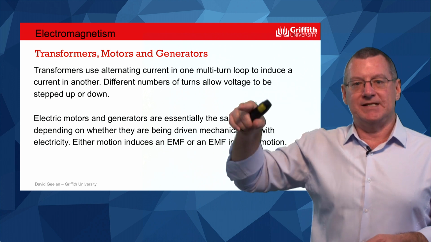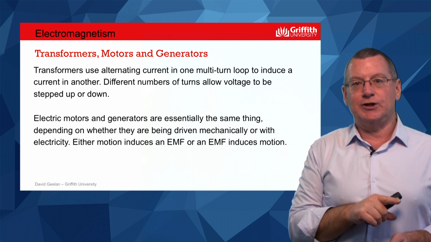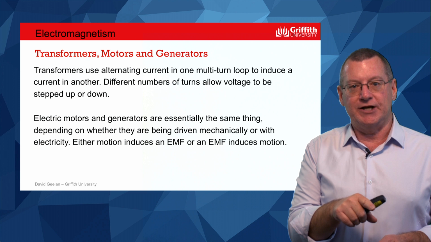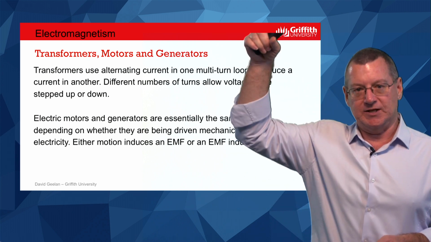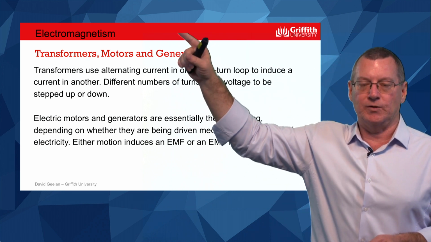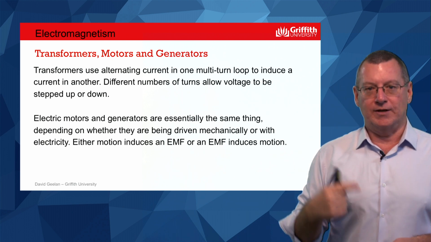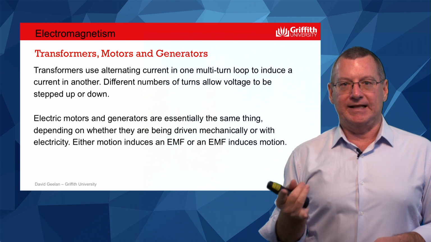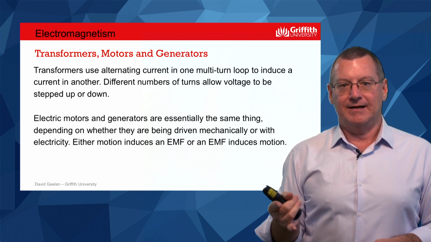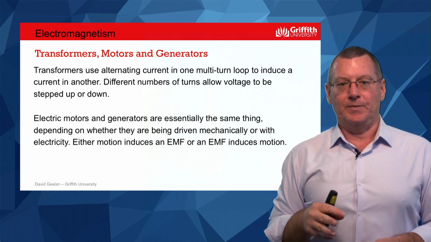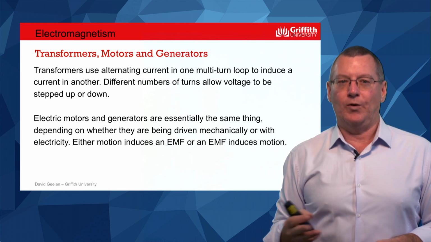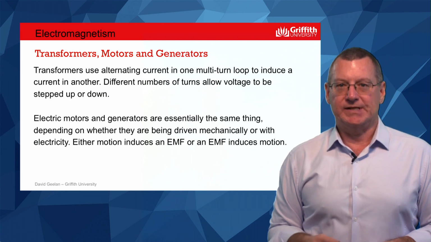So we use transformers to step it down again. And we initially used transformers to step it up from the generator to the transmission lines so that it's transmitted at these high voltages. So AC can be transformed to higher and lower voltages and correspondingly higher and lower currents using transformers, which is why AC is so great for household use.